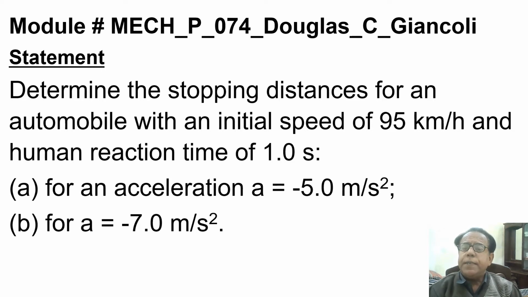Statement: Determine the stopping distances for an automobile with an initial speed of 95 km per hour and human reaction time of 1.0 second.